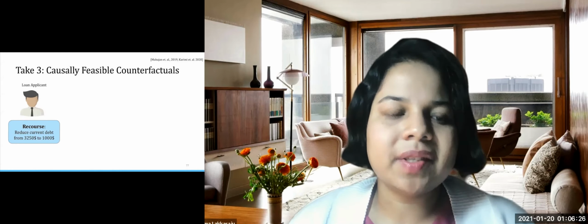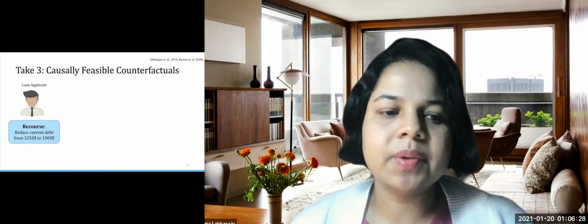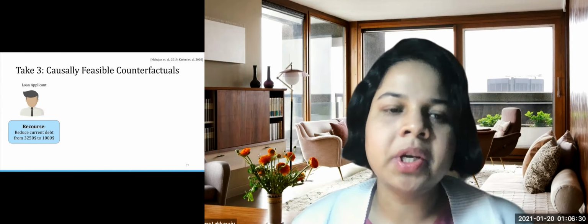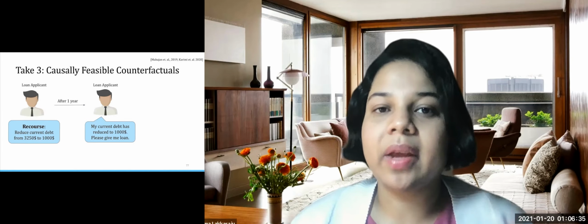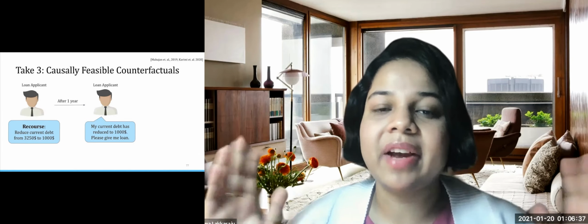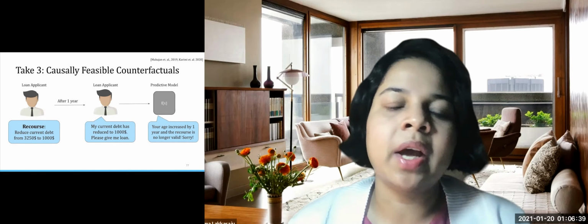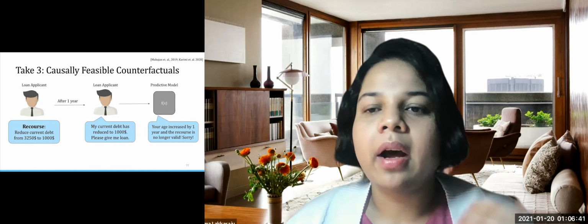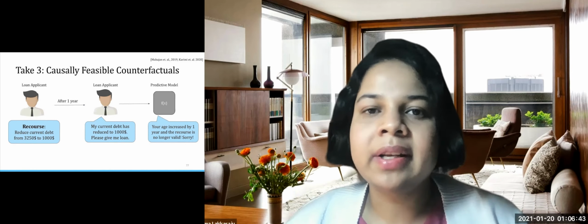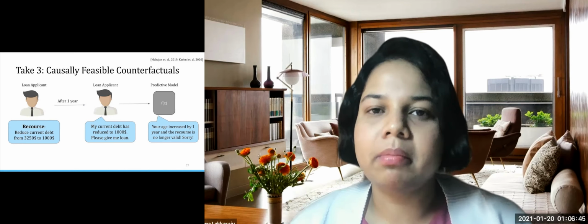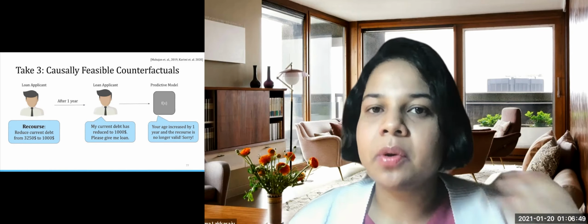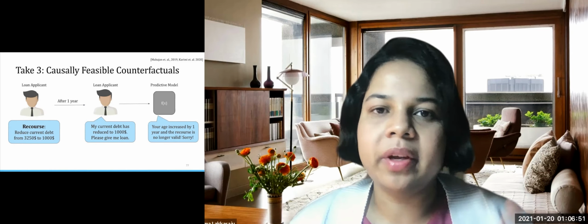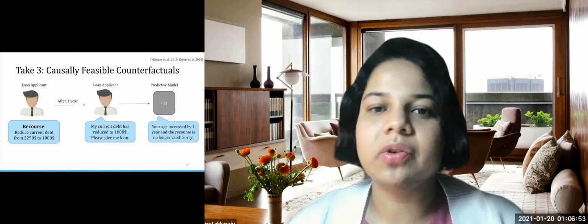Okay? So here is this individual who is being asked to reduce his debt, as we just talked about. Now, let's say this individual comes back after a year and says, okay, now my current debt is finally reduced to $1,000. Please give me a loan. Right? What might happen is that the model and the counterfactual generation algorithm might say, well, your debt decreased, but your age increased by 1. So we can no longer give you the loan because your counterfactual is not valid.